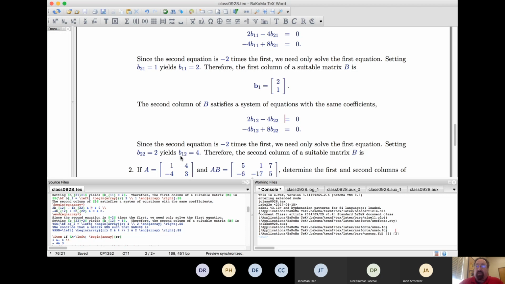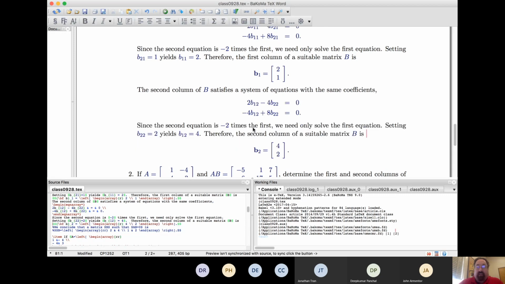So I get B12 is equal to 4. So now we have a second column. So any column I get for B is going to have its first entry equal to twice the second entry. It just depends on what I set my free variable equal to.